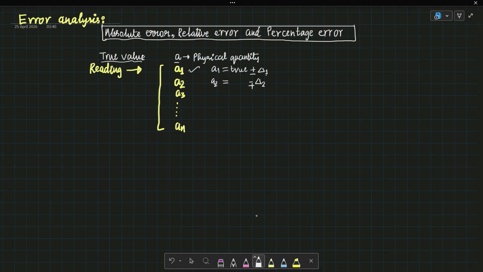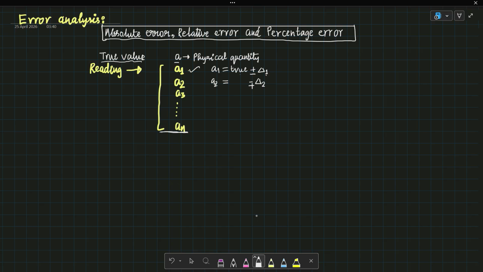So we take n number of readings where n is large. You can take 10, 100, 200 readings, and all of them will be true value plus or minus some error value.